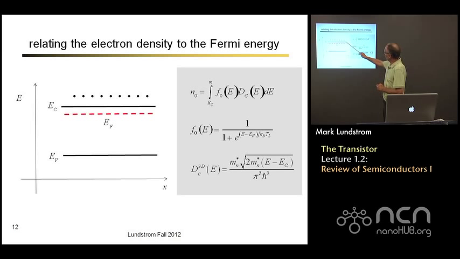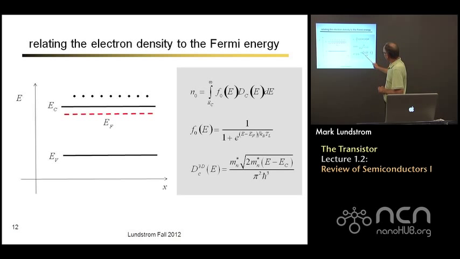And then I integrate from the bottom of the conduction band. I should integrate to the top, but I'll take the integration all the way to infinity because the Fermi function will make the probability go to 0 anyway, so I'll never get to the top.